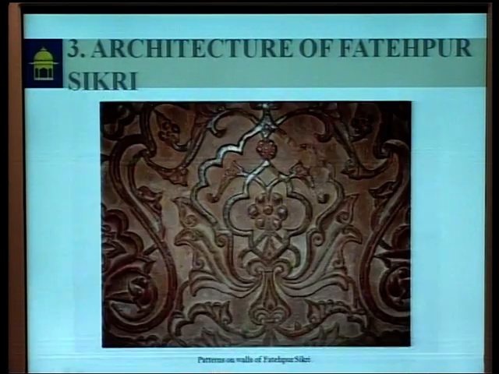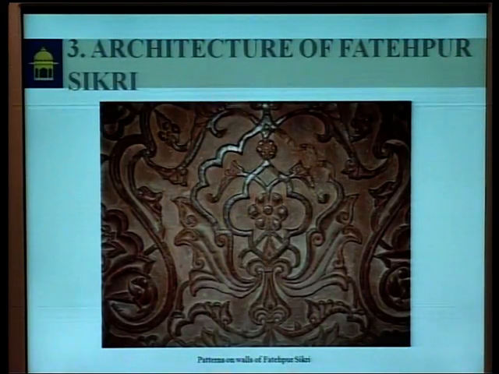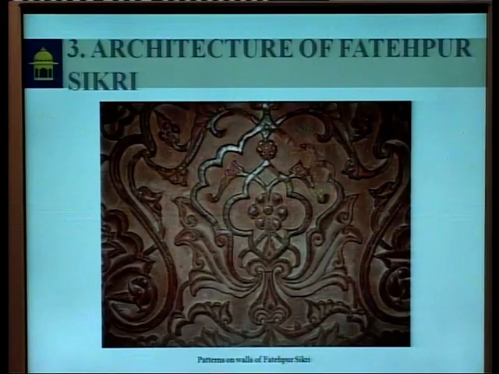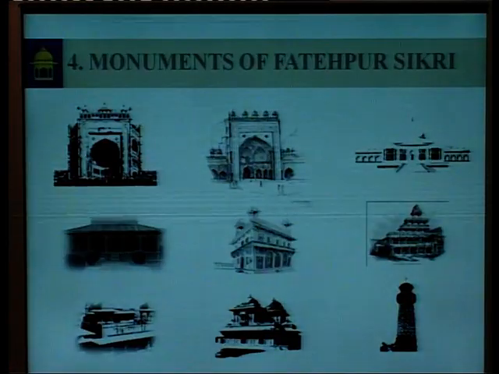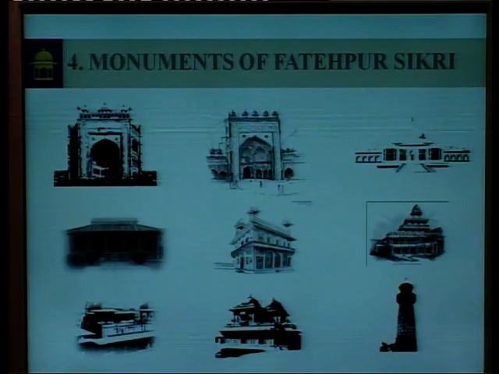Really remarkable. So this is what is so very intriguing about Fatehpur Sikri. The designs are still there, and these are some designs on the walls. Again, some more patterns. And now let's move on to the different monuments which exist at Fatehpur Sikri.